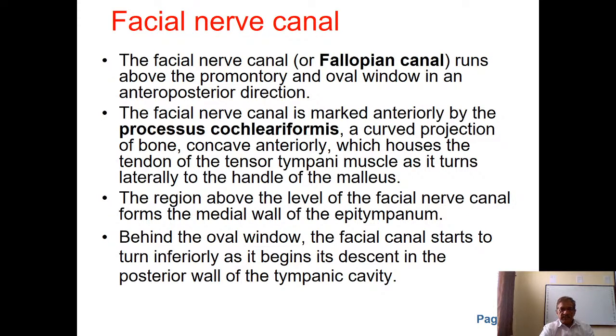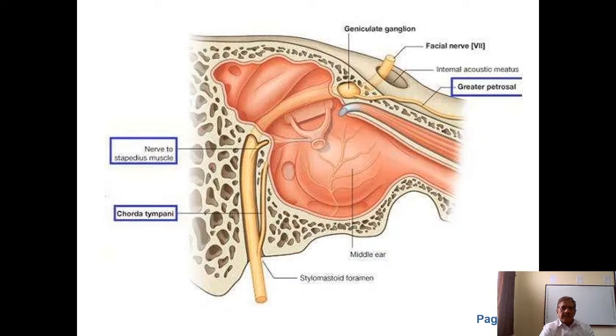I think there is another picture. Let me see. Yeah, this is how it is. Once again, the tensor tympani muscle, and that's the facial nerve, and there it turns outside and gets inserted into the malleus. So once again, the same structures.